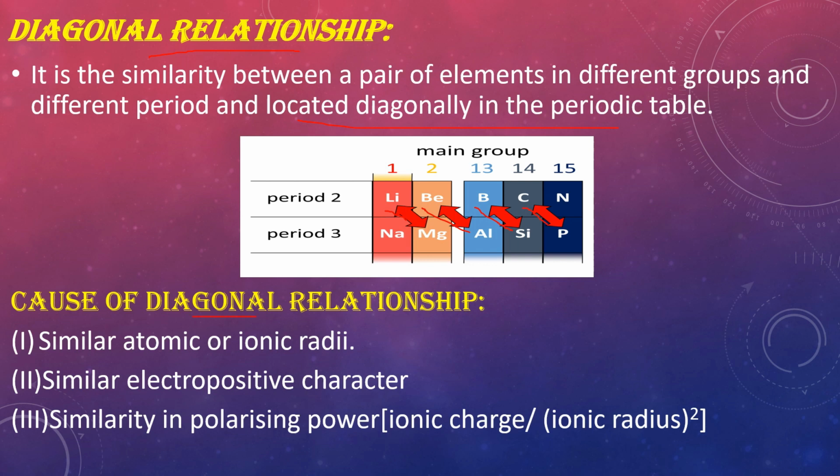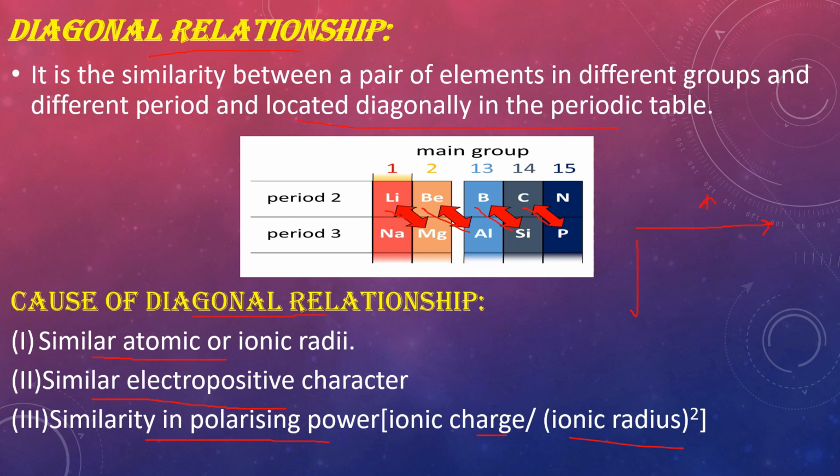Now, what is the cause of diagonal relationship? When we move diagonally, the atomic radius becomes similar, or you can say electropositive character is similar, or the polarizing power, that is the ionic charge by radius square ratio, is similar. Or in a simple way, you can say that when we move left to right, electronegativity increases.